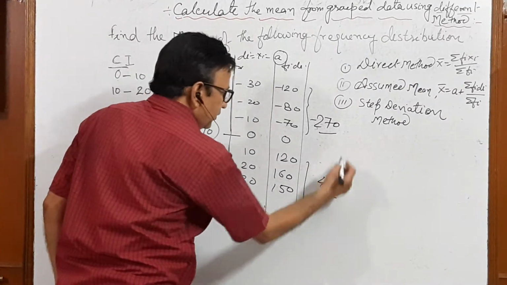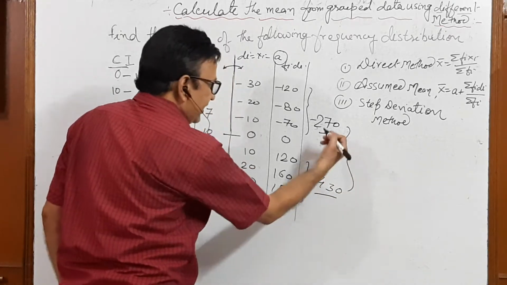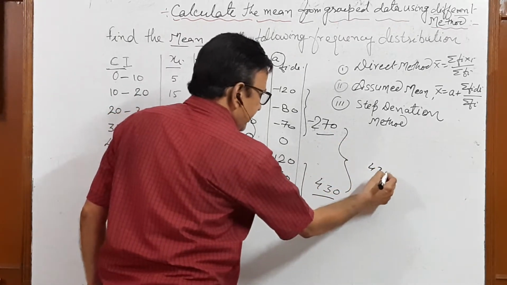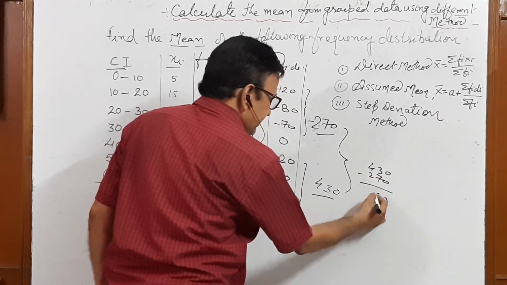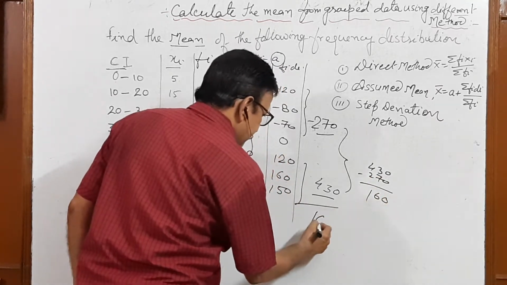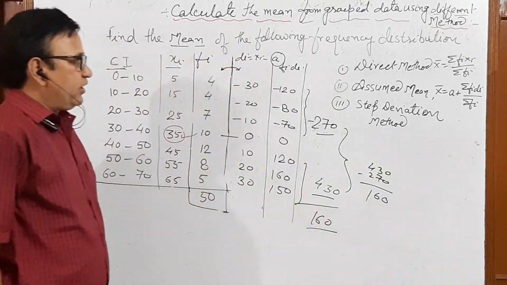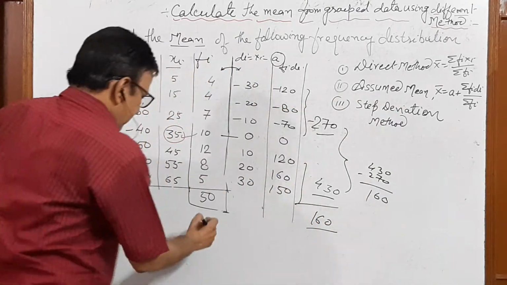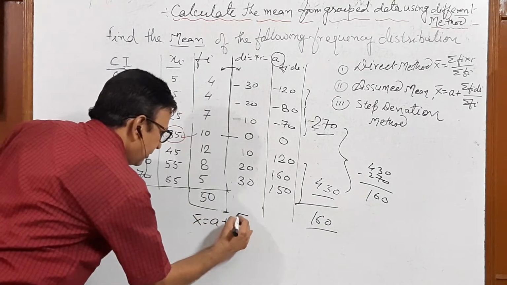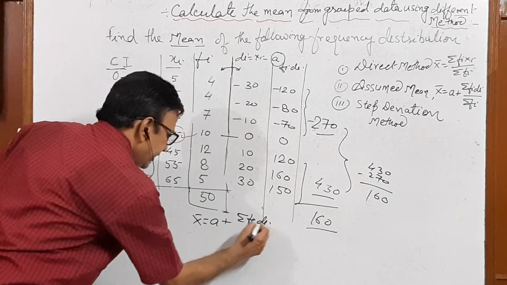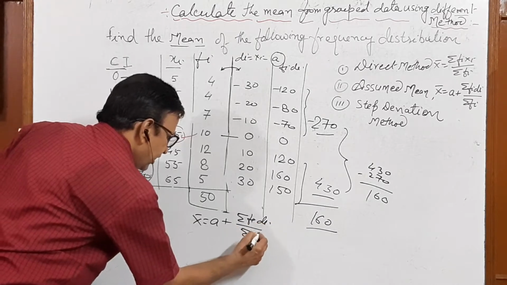So to find the answer, 430 minus 270, you can subtract here. So the answer is 160. Right? Then apply the formula of assumed mean: X bar equals A plus sigma Fi di upon sigma Fi.